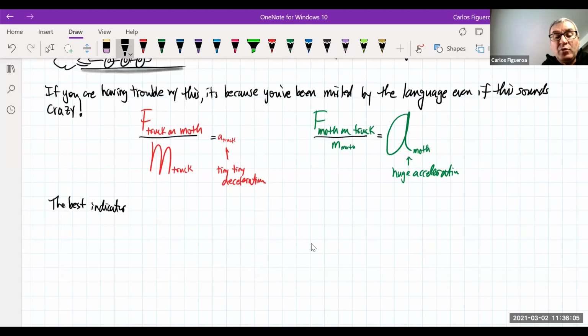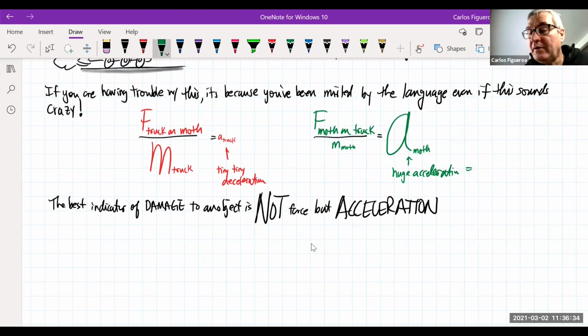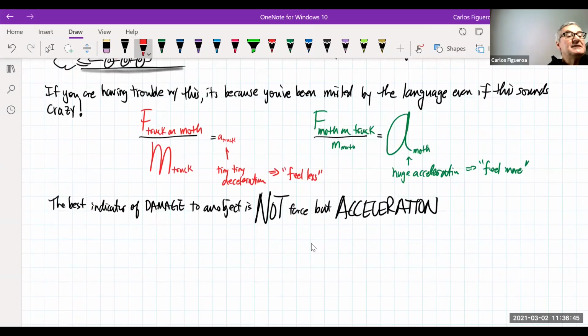But the best indicator right now of damage to an object is not force, but acceleration. Because you have a higher acceleration, you feel more. Because you have a lower acceleration, you feel less.